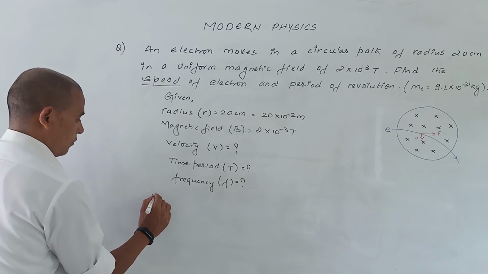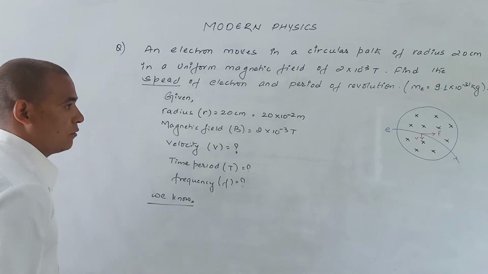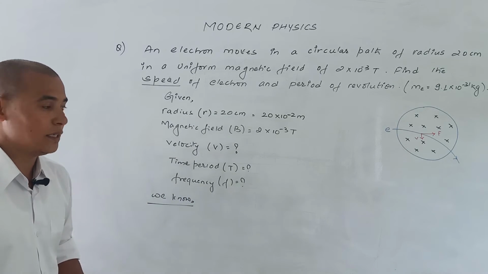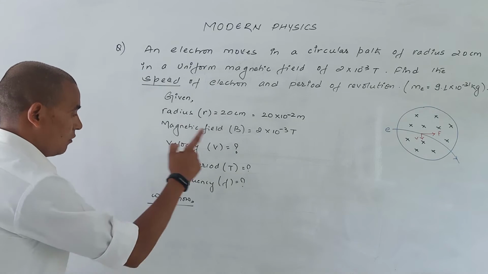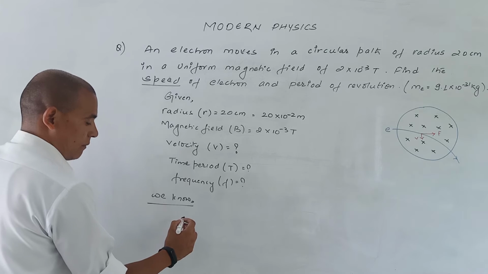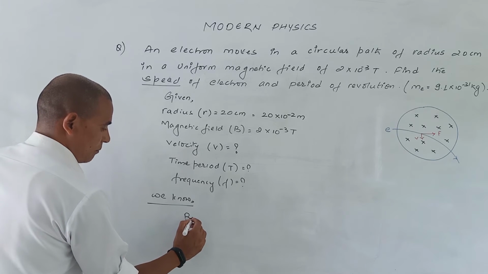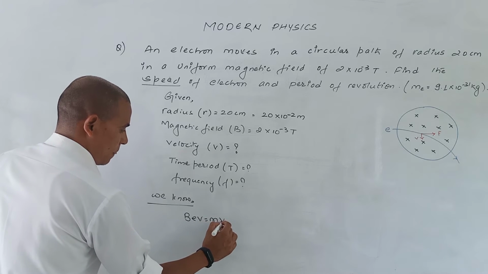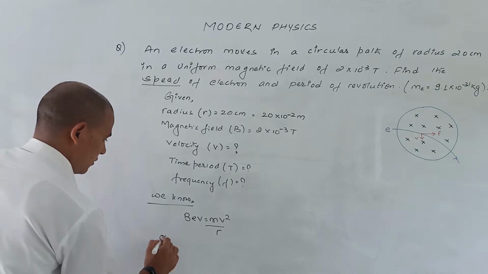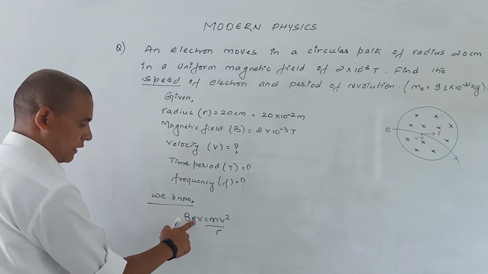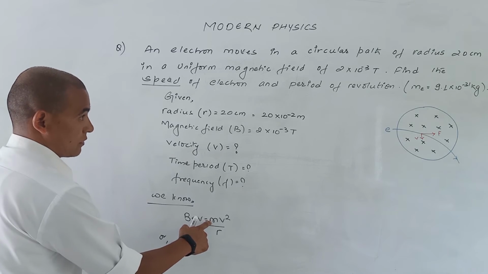We first have to calculate the velocity of the electron. When it moves inside the magnetic field, we write BeV = mv²/r, where B is the magnetic field, e is the charge of an electron, V is velocity, and m is the mass of an electron.